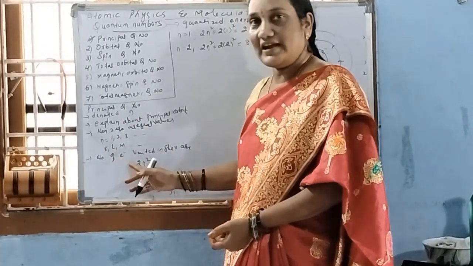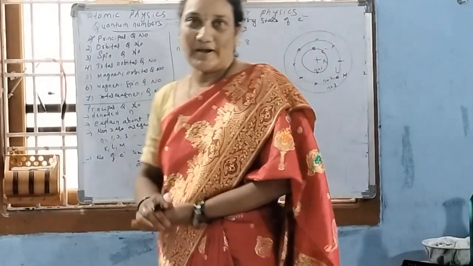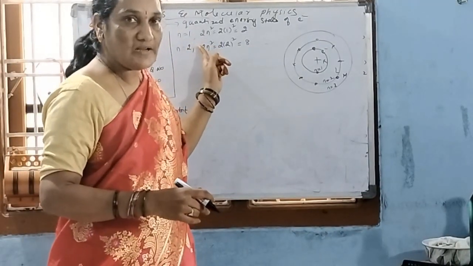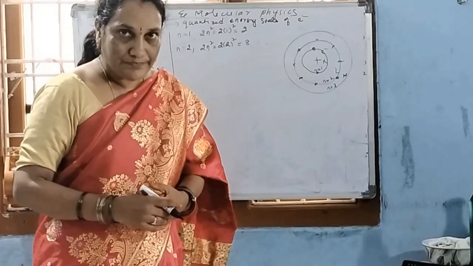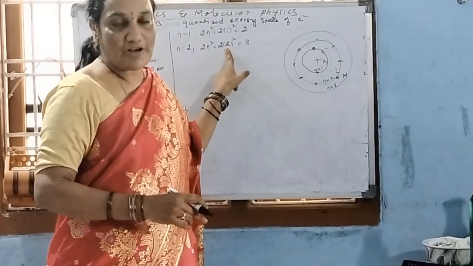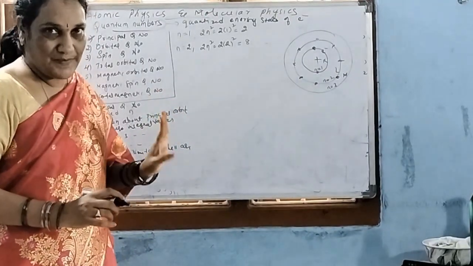Next, the number of electrons in each orbit is limited using the formula 2n square. So, for example, if we take n equal to 1, we will have only 2 electrons, n equal to 2, 8 electrons, and n equal to 3, what will we have? 18 electrons, and so on. So, this is about the principal quantum number.